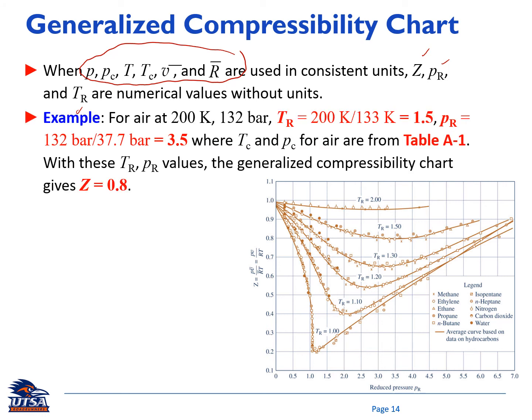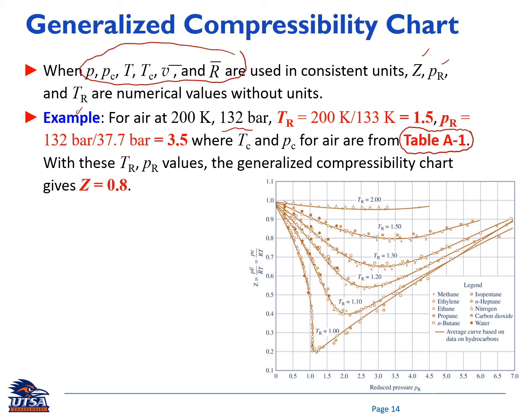So here, let's take a look at this example. I have air, temperature is 200 Kelvin, and pressure is 132 bar. Now go to table A1 and get TC and PC for air.